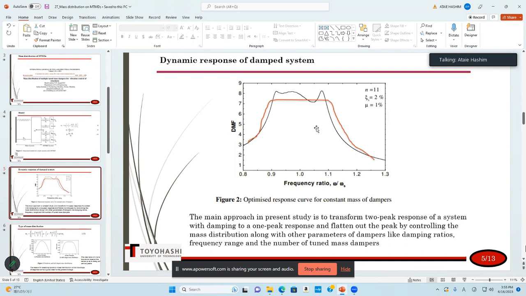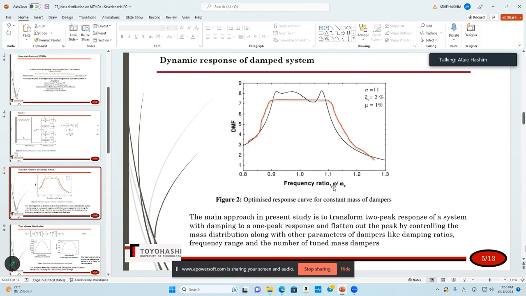Okay. So they said that this black line is when, for example, you attach 11 MTMDs to the structure, and the structure has 2% damping. The total mass ratio is about 1%. The black line is the response curve of the main structure, with the vertical axis the dynamic magnification factor and the horizontal axis the frequency ratio.